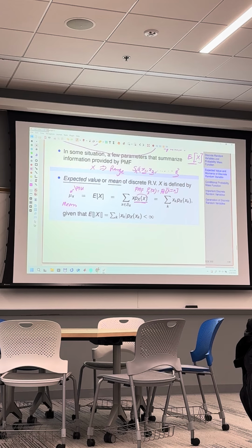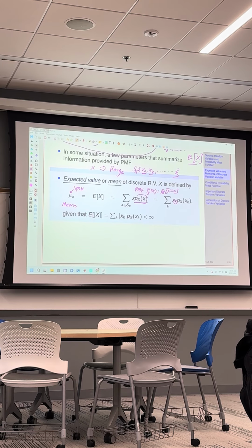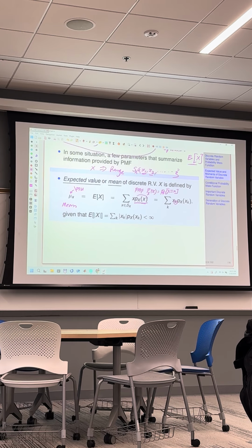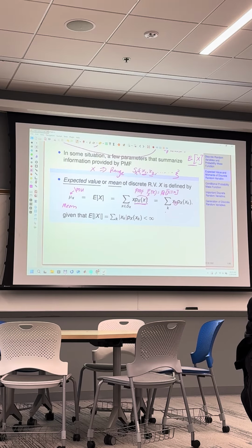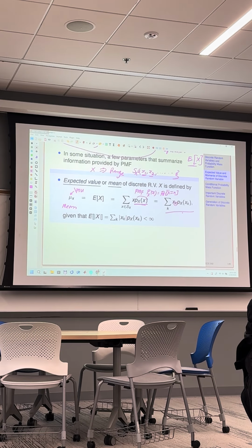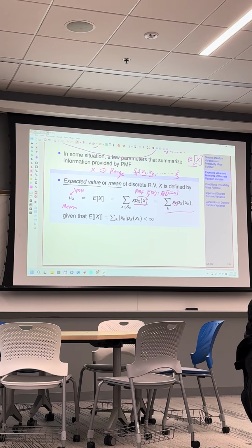If you denote the subscript as k, so x_k, p sub x of x_k, you can just use the subscript for the elements of the random variable x that are given right here, x1, x2, and so on. So these are just some notations, and I'm going to give you an example in a moment.